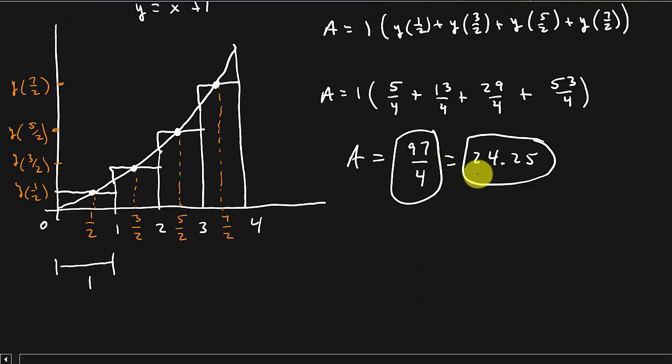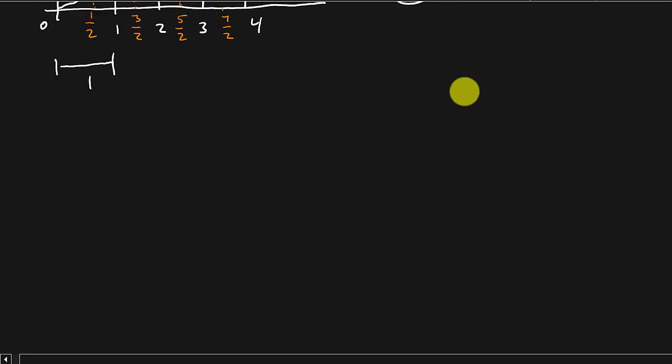The midpoint should be a little bit closer to what the actual area is. And actually, we're going to work a problem here in just a minute where we find the exact area of this problem. And so we will be able to compare the areas.